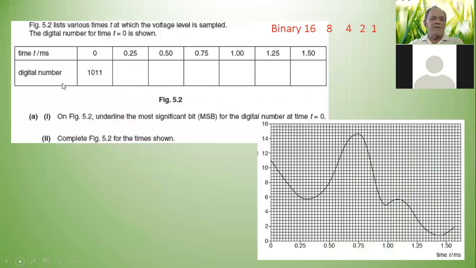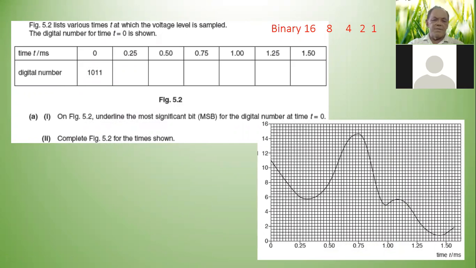Okay, so there is figure 5.2, showing the various times at which the voltage level is sampled. The digital number for time 0 is given. The question is 11.